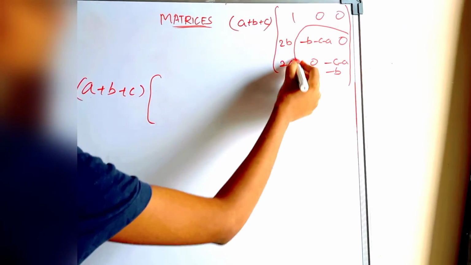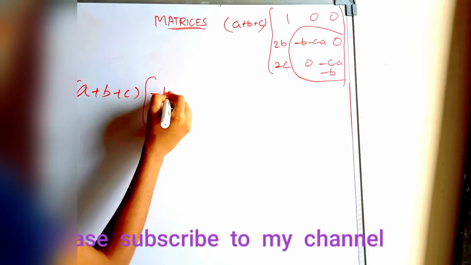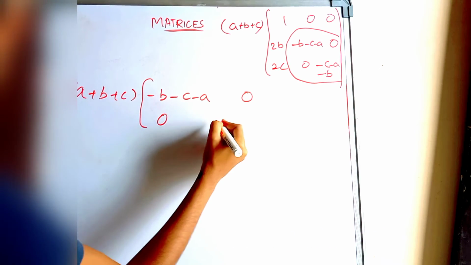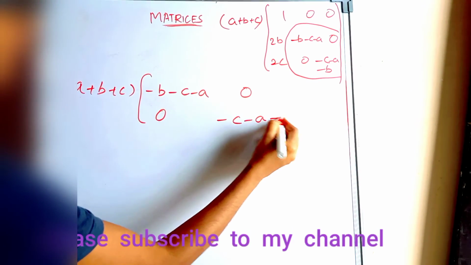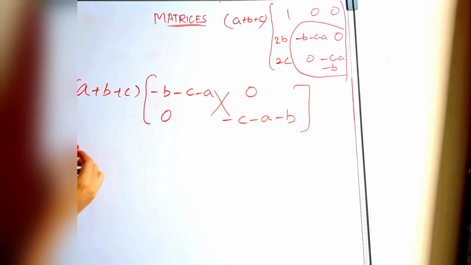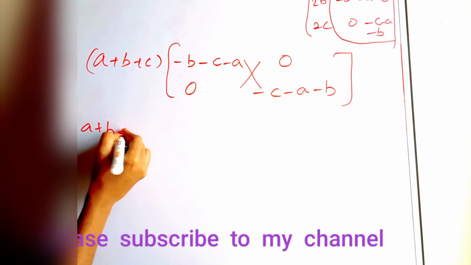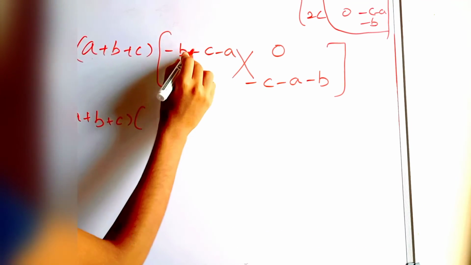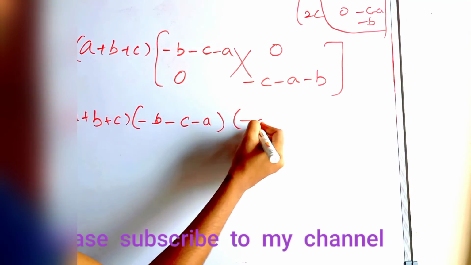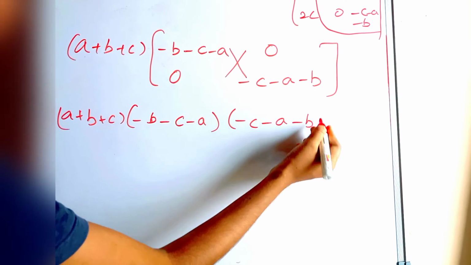This term: minus B minus C minus A, 0, 0, minus C minus A minus B. Multiply these terms, A plus B plus C into minus B minus C minus A into minus C minus A minus B.